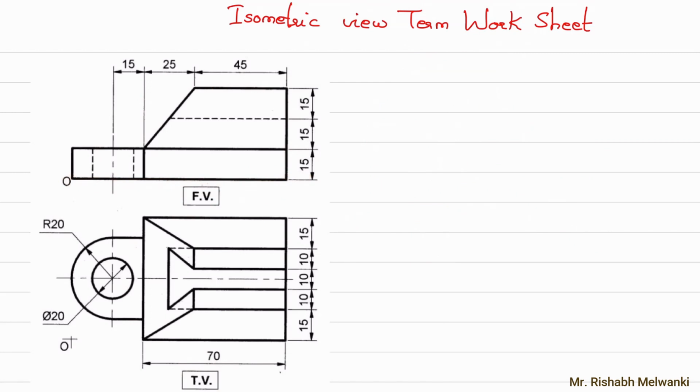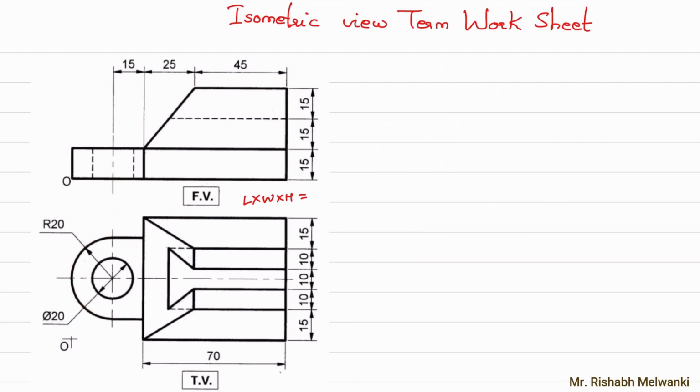Now before we begin, we will first find the total length, width and height of the problem. I'll write length into width into height. What is the total length of the figure? Here you can observe this is the radius, 20.